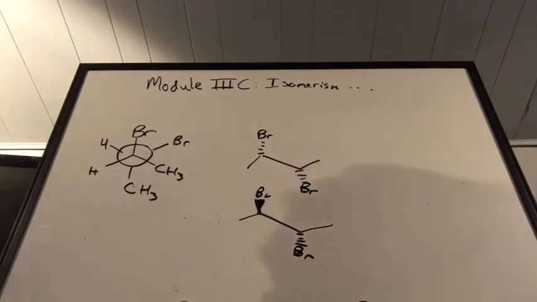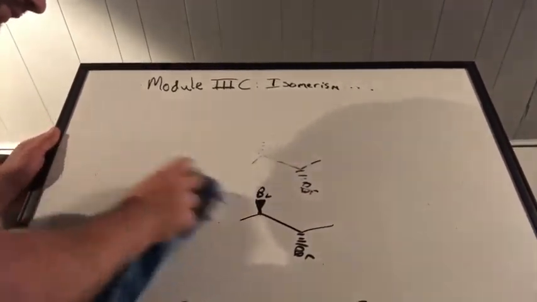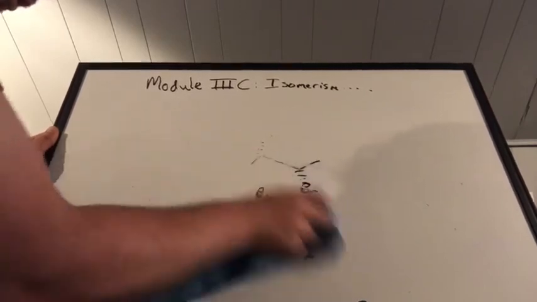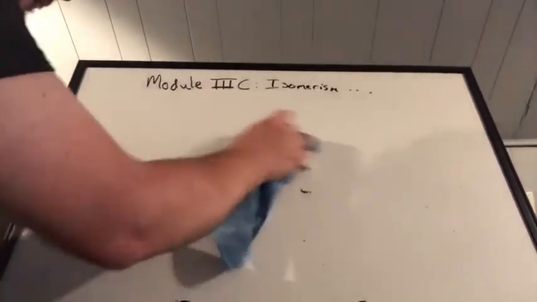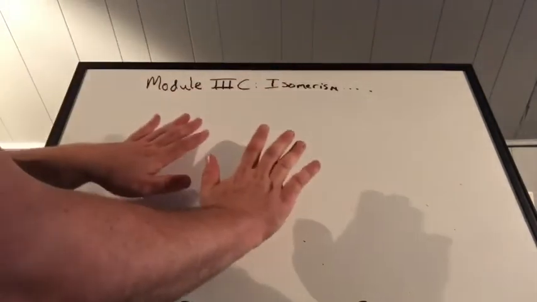So let's begin by talking about chirality and handedness, with some general examples for you to think about. With chirality, I had my hands before.